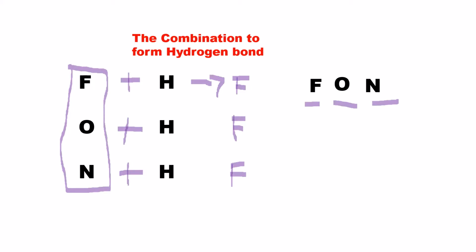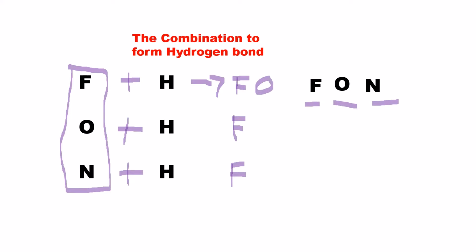Fluorine plus hydrogen plus fluorine equals hydrogen bond. Oxygen plus hydrogen and another fluorine forms hydrogen bond. Likewise, with nitrogen plus hydrogen and another fluorine here, it forms hydrogen bond. It is true also if we use oxygen here.